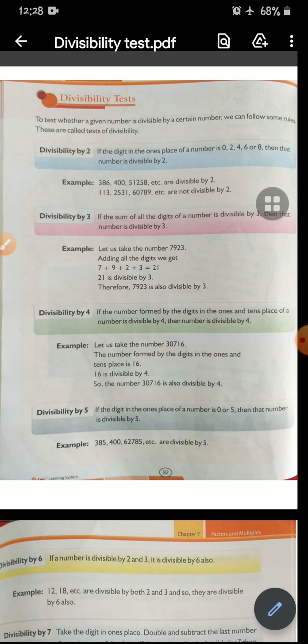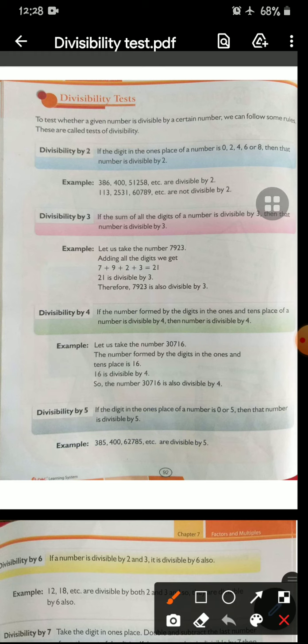In the divisibility by 2, if the digit in the ones place of a number is 0, 2, 4, 6, 8, then that number is divisible by 2. At the ones place, if you have 0, 2, 4, 6 or 8, or you can say any even number at the ones place, it means that number is divisible by 2.